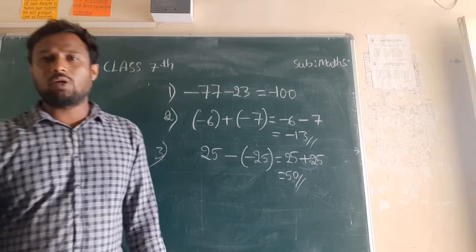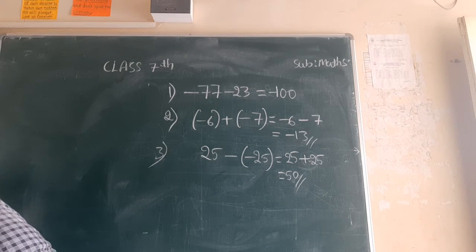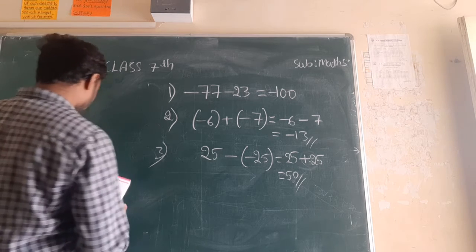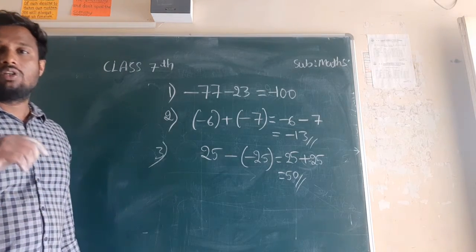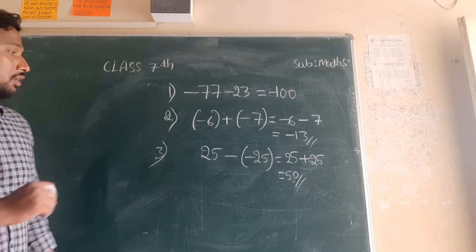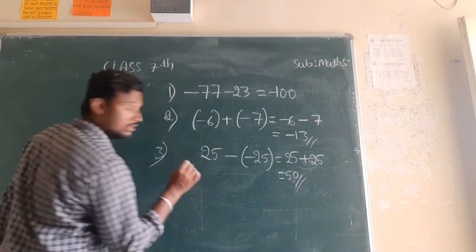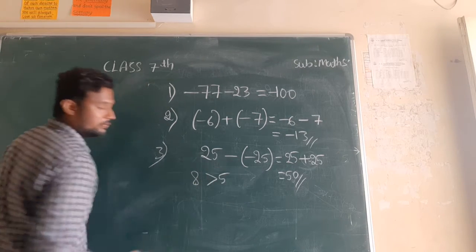Okay. So I will give one more example to compare numbers. I hope you all know how to use the symbols to indicate greater than value, lesser than value and equal to value. Suppose I tell you 8 is greater than 5.